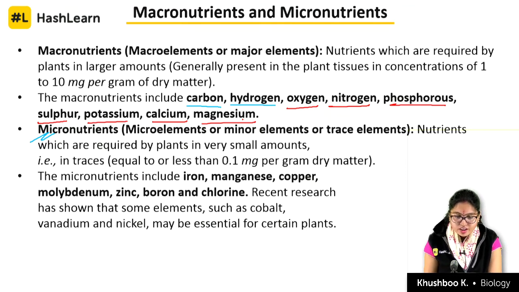So these are the macronutrients: carbon, hydrogen, oxygen, nitrogen, phosphorus, sulfur, potassium. How to remember that?